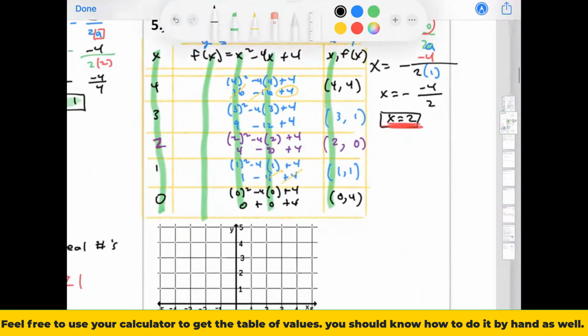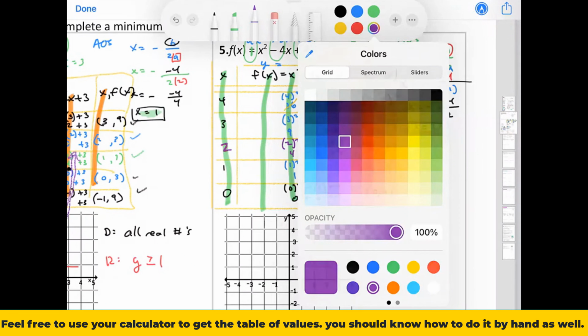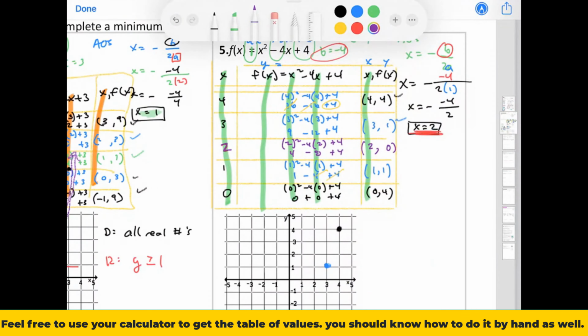Let's graph it. So 4, 4, right 4, up 4. 3, 1, right 3 on the x-axis, up 1 because it's positive. Whoops, see, didn't pay attention there. Then my purple color, right 2, or 2, 0.